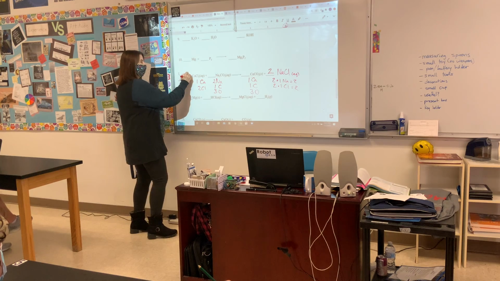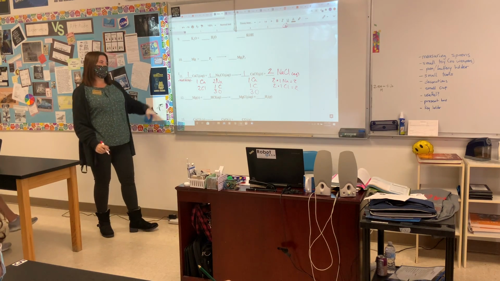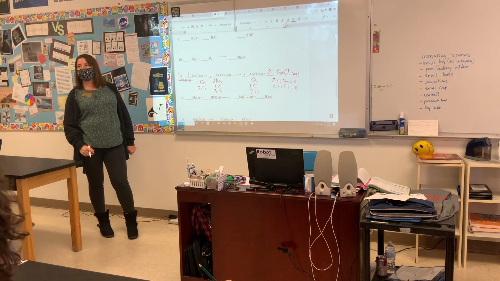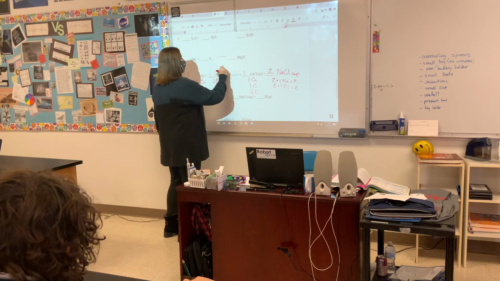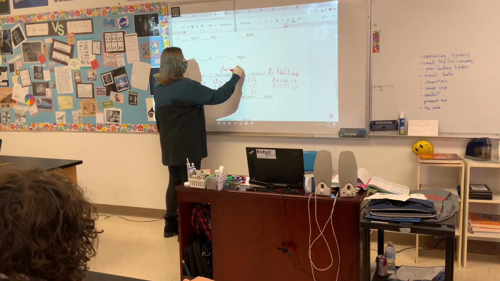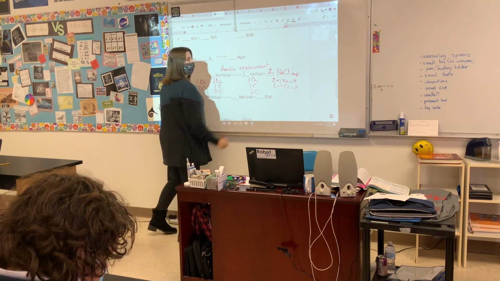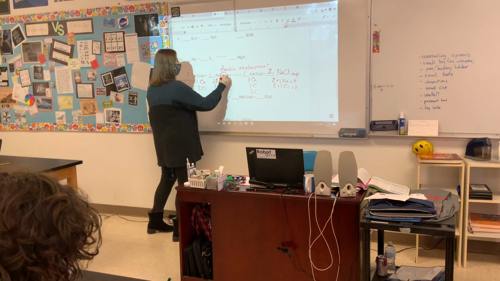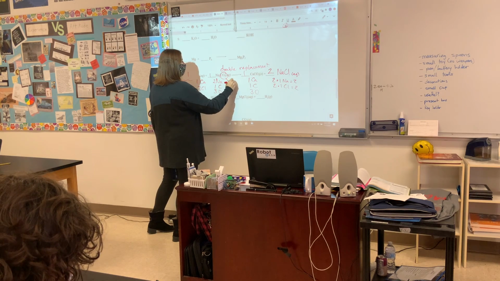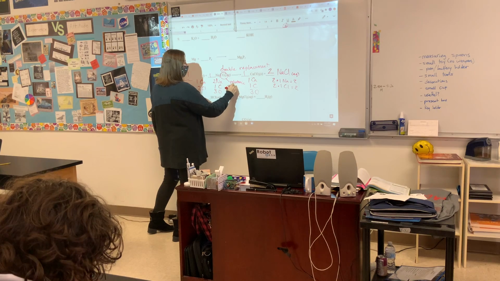What kind of reaction is this one? It's a double replacement. In this case, it's not just single elements. The CO3 is a polyatomic ion, meaning more than one atom.